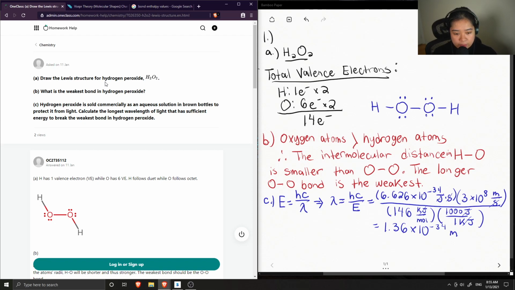So I'm going to multiply by Avogadro's number to get the units that I need. Avogadro's number is 6.023 times 10 to the 23. So let me just write mole in. And the units for Avogadro's number, I'm just going to say atoms per mole.